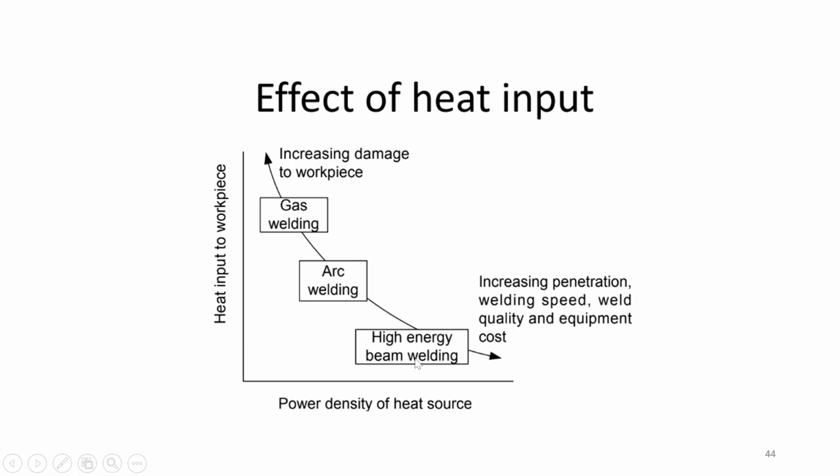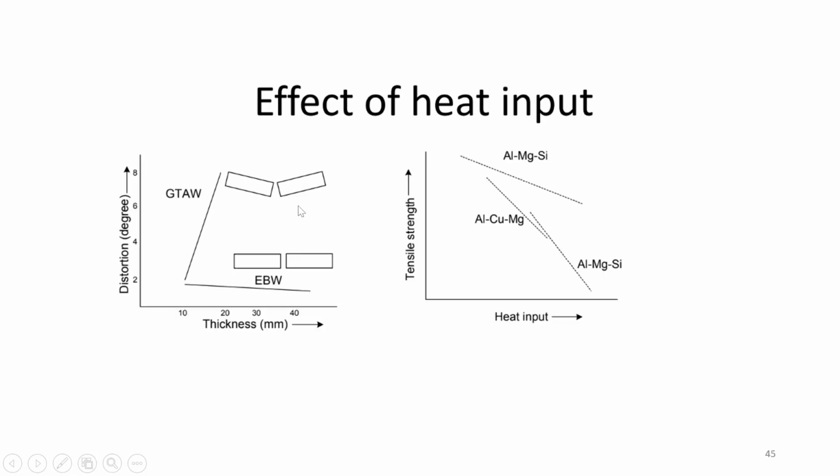So in case of high power density welding, which is high energy beam and arc welding, here you have increasing penetration, welding speed and weld quality, and higher equipment cost. While in case of gas welding, it has increasing damage to workpiece because there is more heat input going into the workpiece.